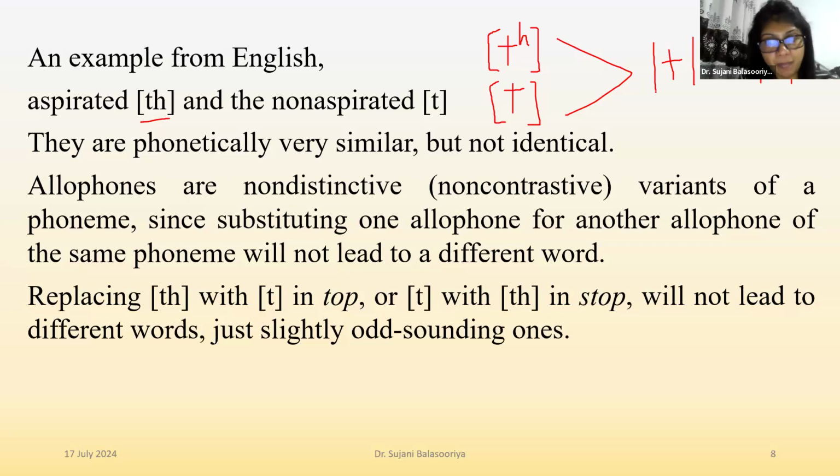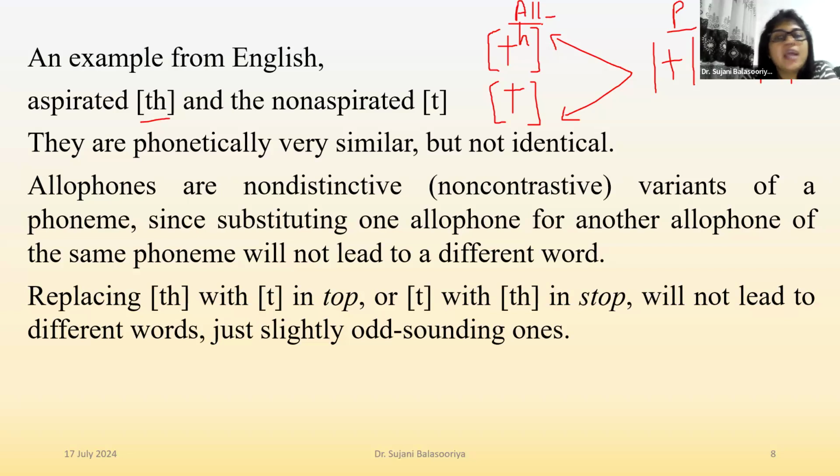T is the family, the phoneme, and we have two allophones, aspirated T and non-aspirated T. So you need to take this chart, and if you think that by looking at the note you won't be able to get the point clearly later on, you can write down the short form. These are the allophones.